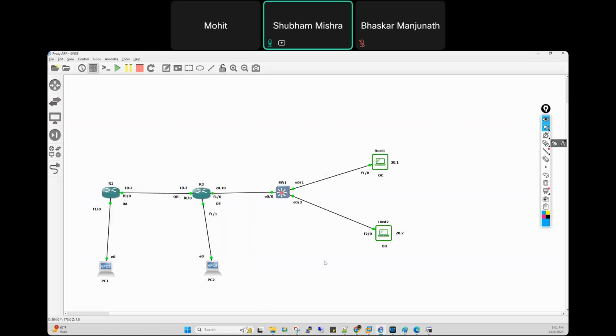Clear? Yes or no? Here we configured the 10 network, here the 20 network, and here the 30 network. Okay. Now I am capturing this link.